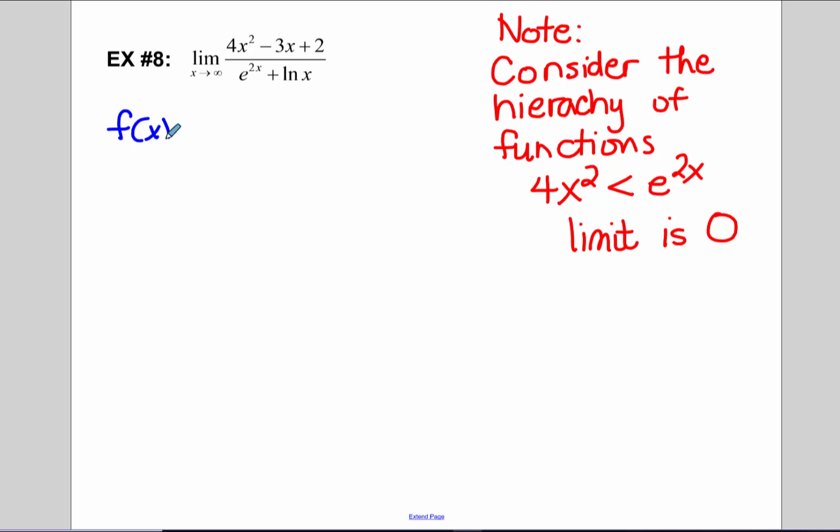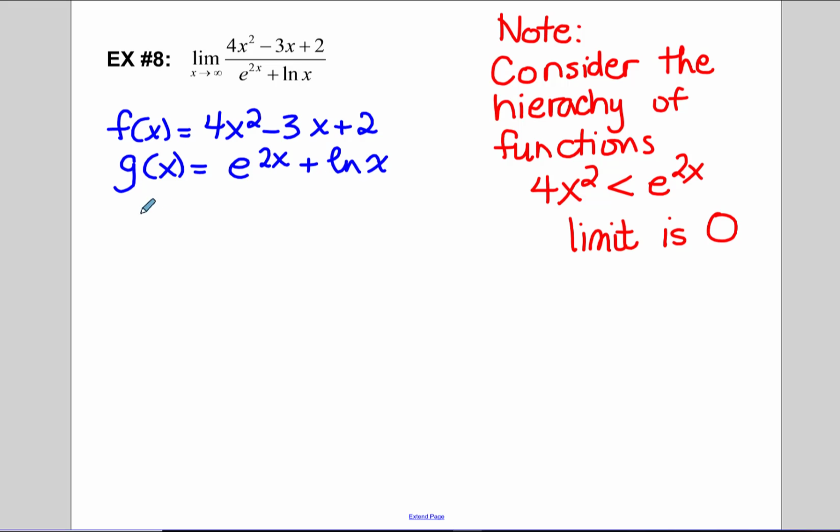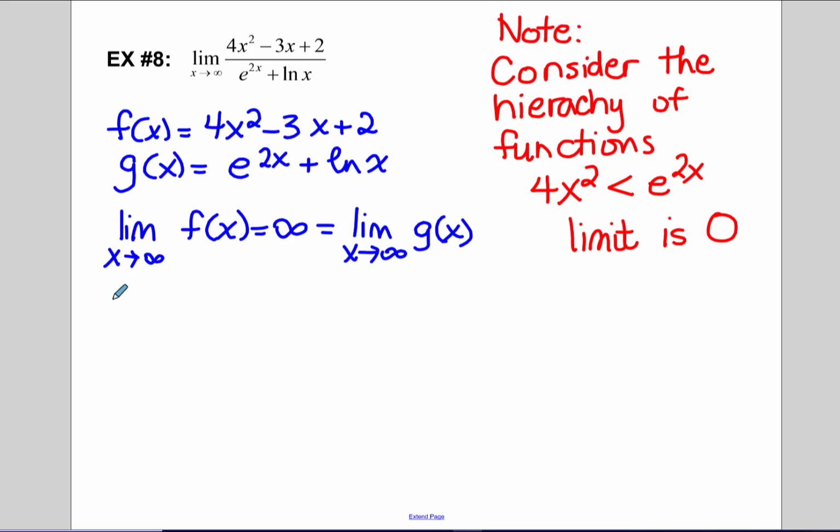of x is the parabola, and g of x is the transcendental function, and the limit at infinity for f of x is infinity, and the limit at infinity for g of x is also infinity, so we could use L'Hopital's rule.